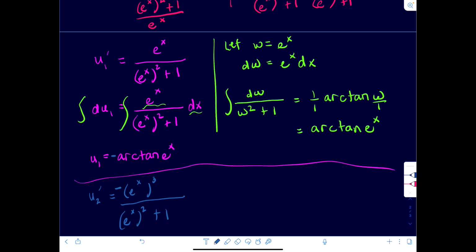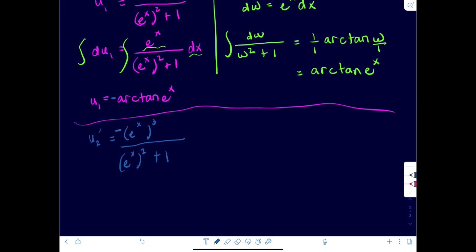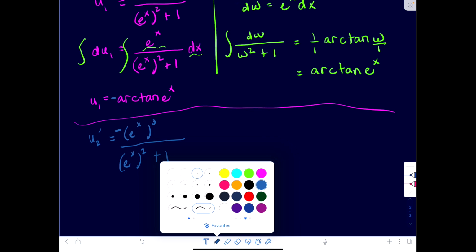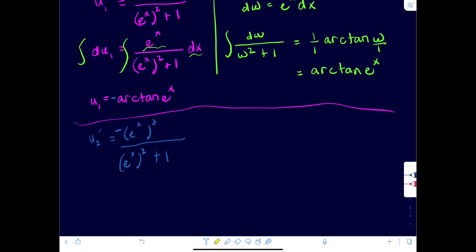All right. So now this one here, let's clean it up a little bit. Why don't we, again, let w equal e to the x, and dw will be e to the x dx.